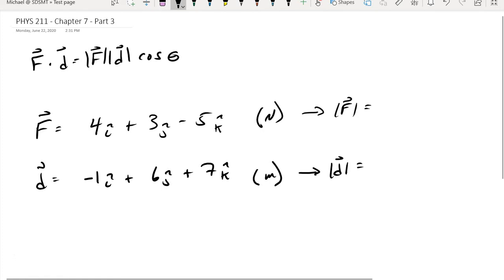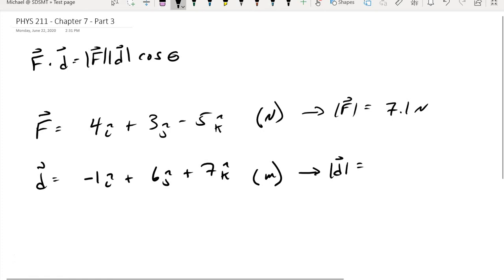We have 4 squared plus 3 squared plus -5 squared, which is going to be positive. And that all comes out to the square root of 50, which is approximately 7.1 newtons.